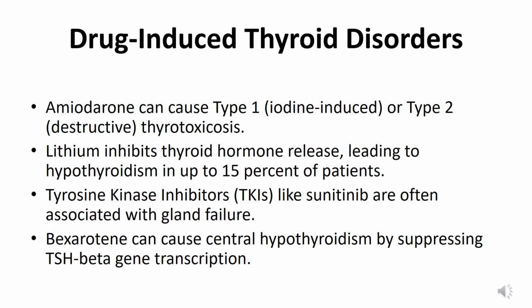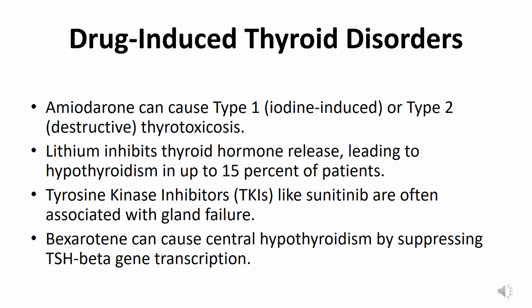Another fascinating example is Bexarotene. Bexarotene is a retinoid medication used in certain malignancies, particularly cutaneous T-cell lymphoma. Unlike most thyroid disorders, Bexarotene causes central hypothyroidism rather than direct thyroid gland failure.